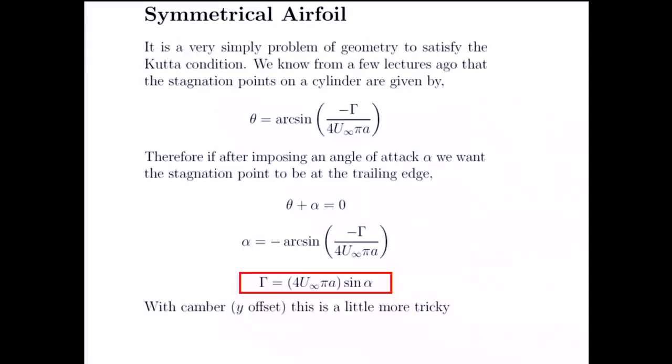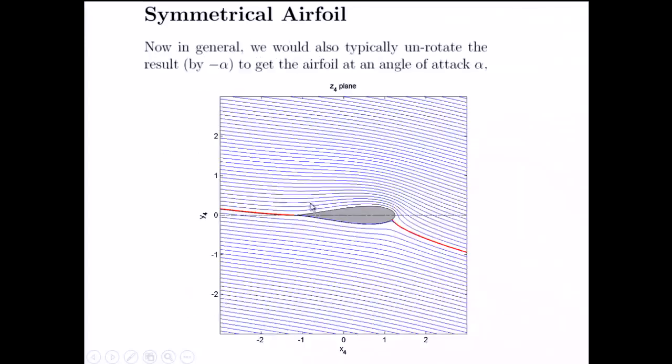It's going to be a bit more difficult with the cambered airfoil, but let's have a look at the flow field around the symmetrical airfoil first. This is what we get after performing the Joukowsky transformation, and we get the flow field around the airfoil with the angle of attack. We can see the flow is coming at a direction, right?